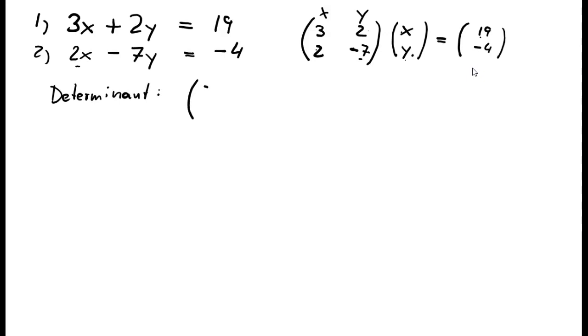So let's say we have the matrix A, B, C, D. And the determinant of the matrix would simply be: we multiply A times D, minus B times C. So that would give us the determinant of a matrix.